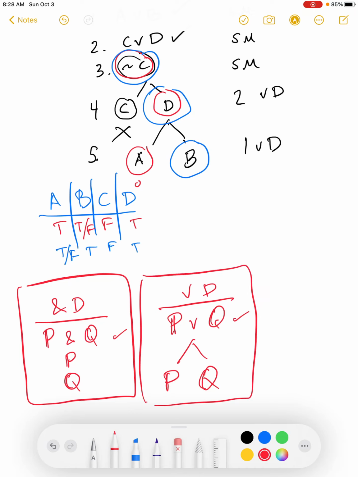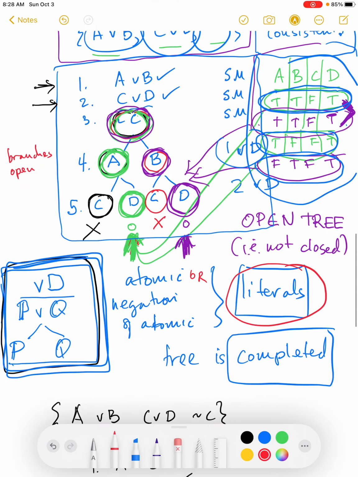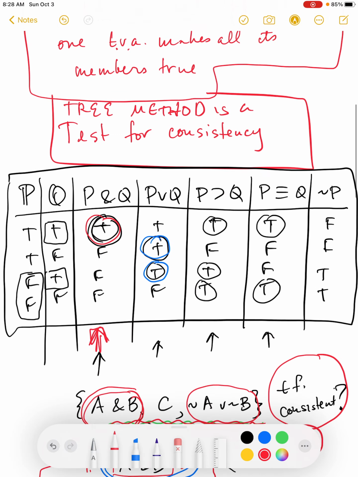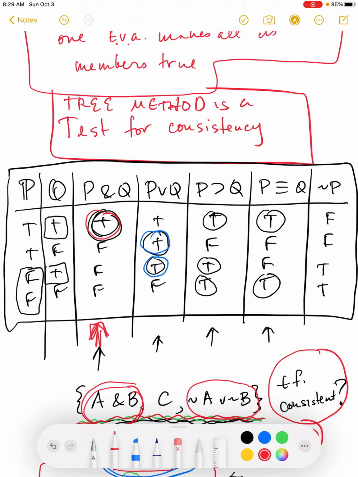I'll leave you with the question: how many decomposition rules do you think we're going to end up with? We have 2 so far, right? We have one for conjunction, we have one for disjunction. There are 5 truth functional connectives. One of them doesn't require any decomposition because if you've got the negation of P... I take that back.